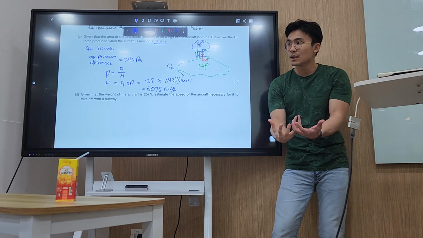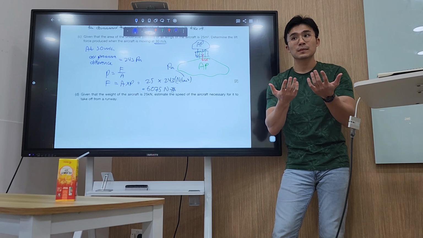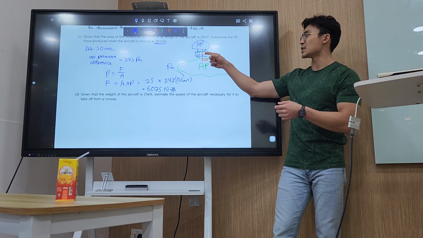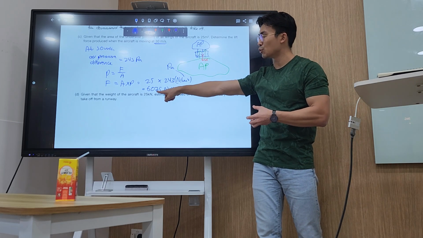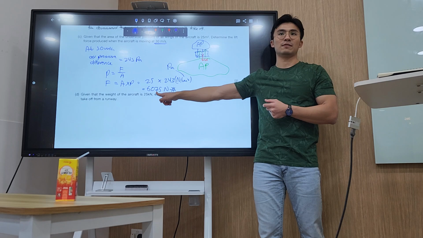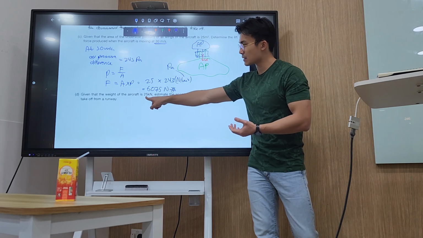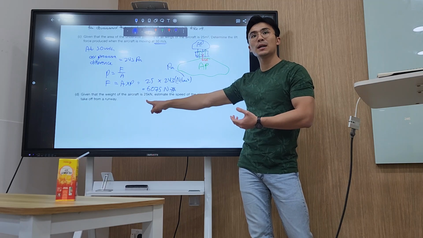To fly, you need a resultant force upwards, so the green needs to overcome both blue as well as red. At 30 meters per second, I'm only able to generate 6,000 newtons of force. How fast do I need to go to achieve this? I need to overcome weight, then I can fly.